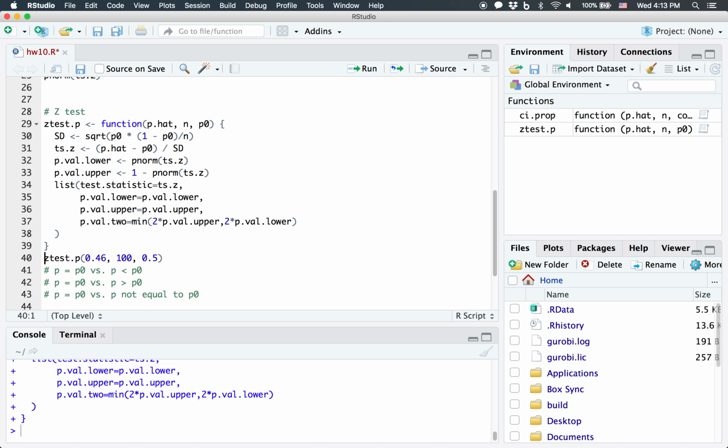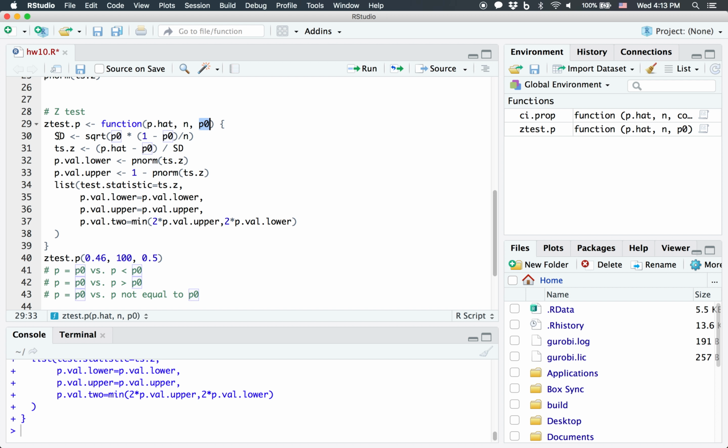And the z-test function, I think the main topic of this session, is this function, z-test.p, which automatically outputs the p-value with the inputs of p hat, n, and p naught, which are the sample proportion, the number of samples, and the hypothesized population proportion.